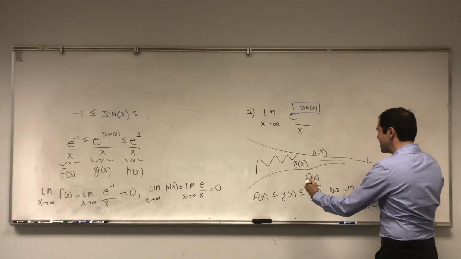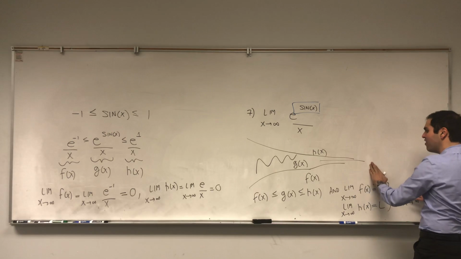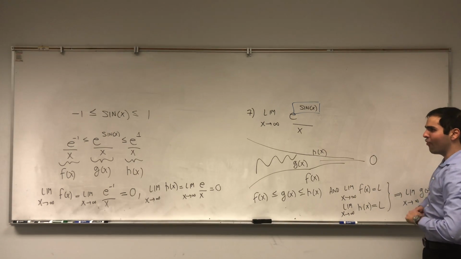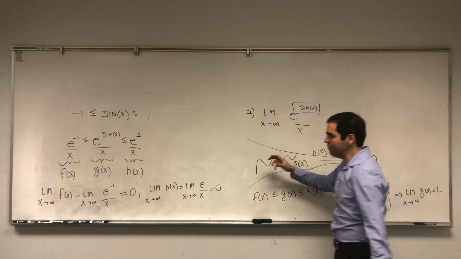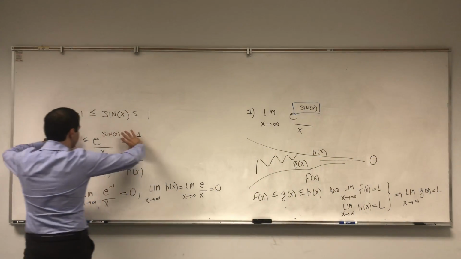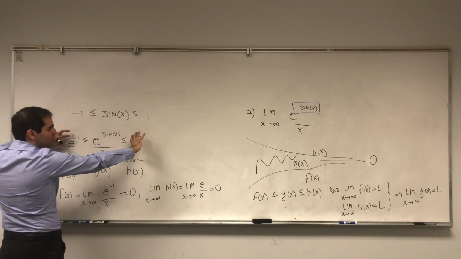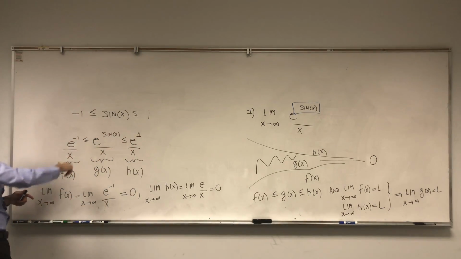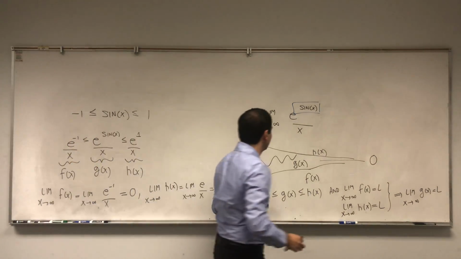So you see, f and h have a common limit, namely 0, and therefore, by the squeeze theorem, because g is squeezed between the two, and the two go to 0, it automatically forces the middle term to go to 0.